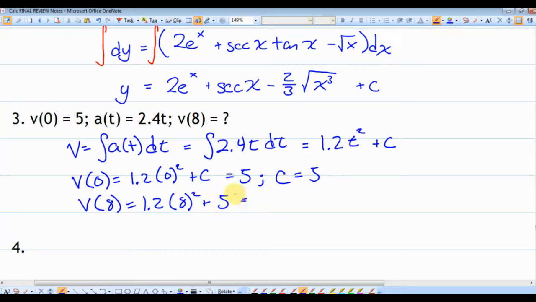Oh, we have a use for your calculator now. 8 squared is 64. 64 divided by 5 is 12.8. 64 plus 12.8.